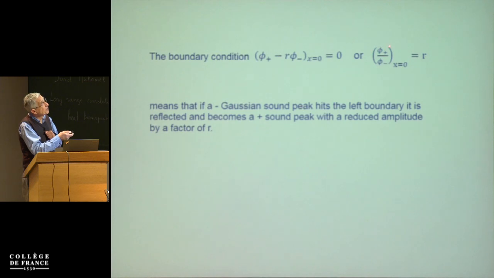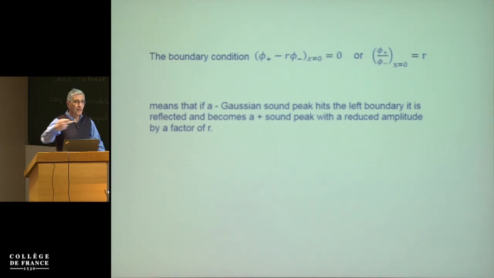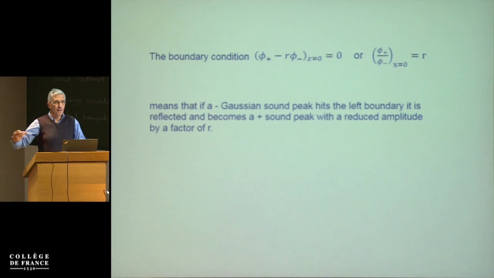But the amplitude of phi plus divided by phi minus is just r. So it is reduced by a factor of r. So it means that every time a sound peak hits the boundary, it is reflected with a reflection coefficient r. Okay? Basically, that's the meaning of this boundary condition.